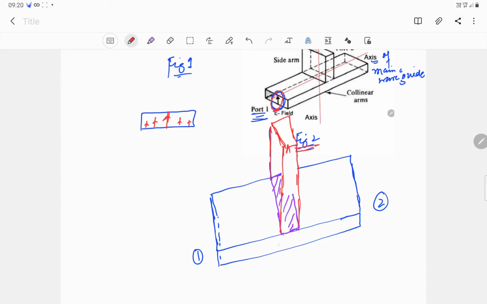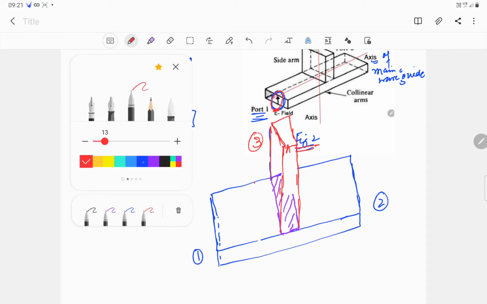So this is what an E-plane T looks like. Along this broader dimension, we are cutting a slot and attaching another section of waveguide so that it becomes a three-port network. And this is basically how it is formed.